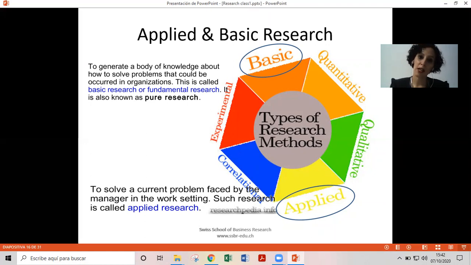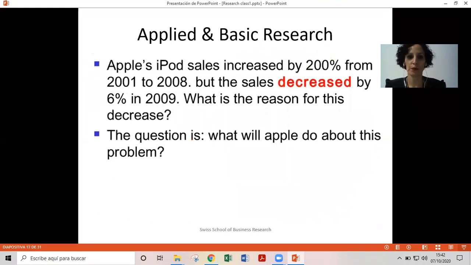Whereas applied means that it is used in application to resolve a specific problem in a business setting. So this is the main difference between applied and basic research.